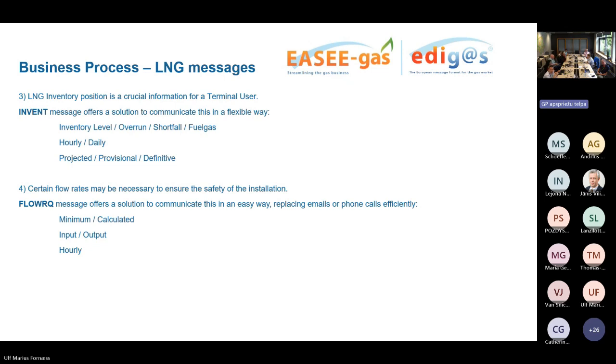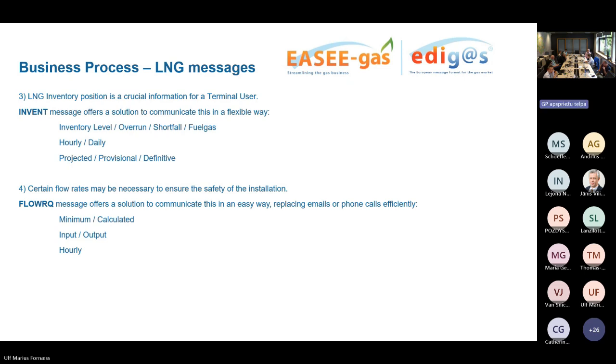So it's a quite flexible message, like a lot of these messages. I think that's one of the most important pieces of information of the workshop: we try to make messages that can be used for a lot of different commercial models, because we know that almost every terminal operator and storage operator has slightly, or not so slightly, different models to work with.